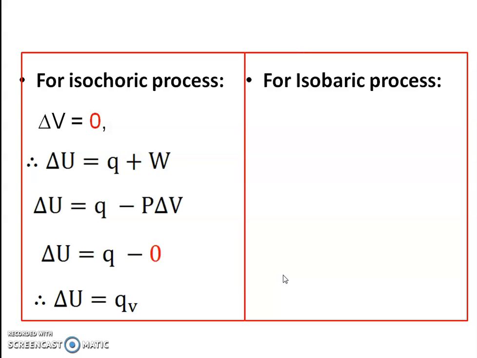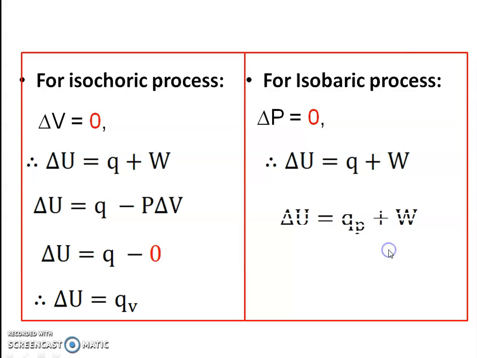Now consider the isobaric process. For an isobaric process, pressure remains constant and therefore delta P is equal to 0. The first law of thermodynamics is delta U is equal to Q plus W. Here there is no delta P term.